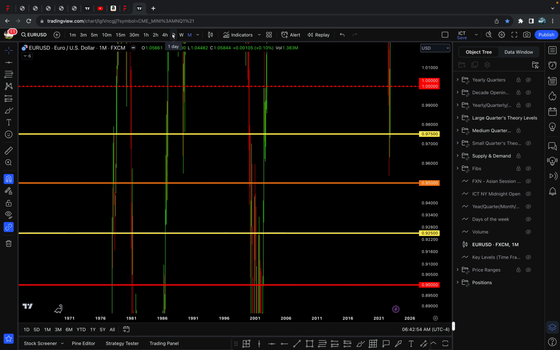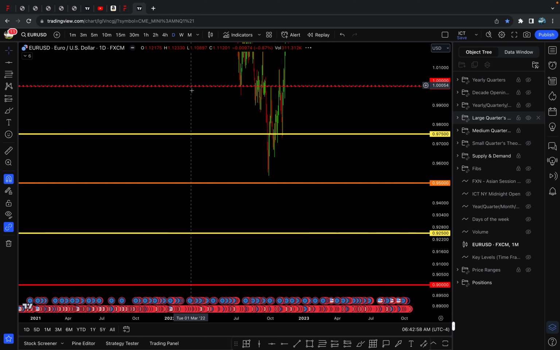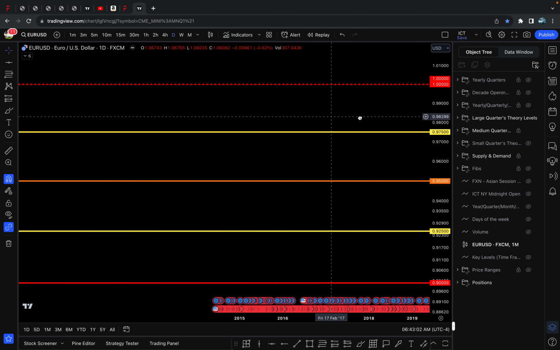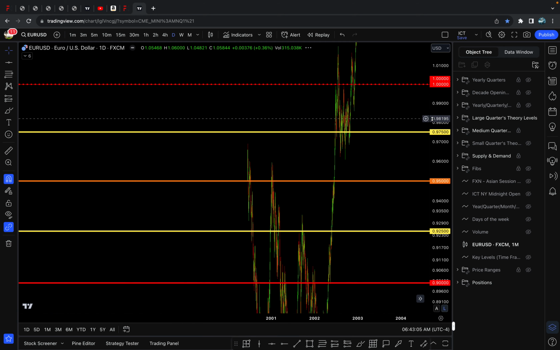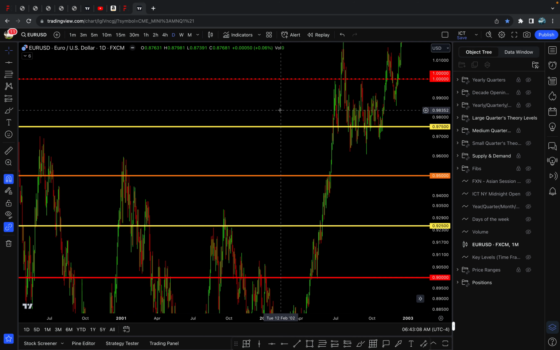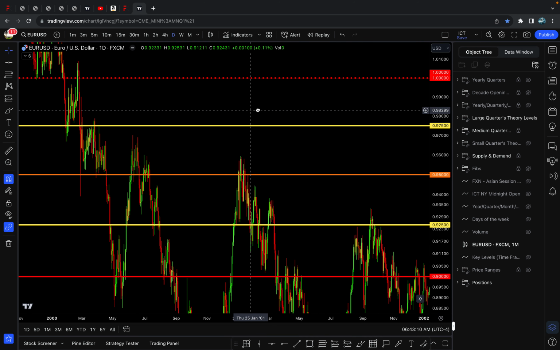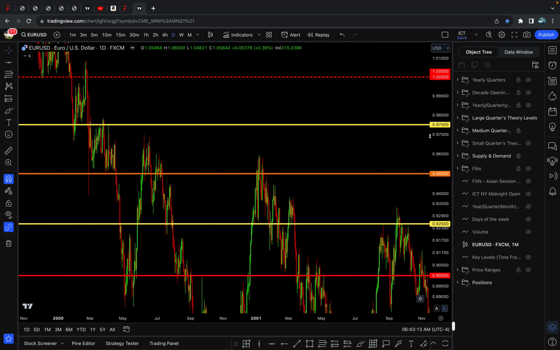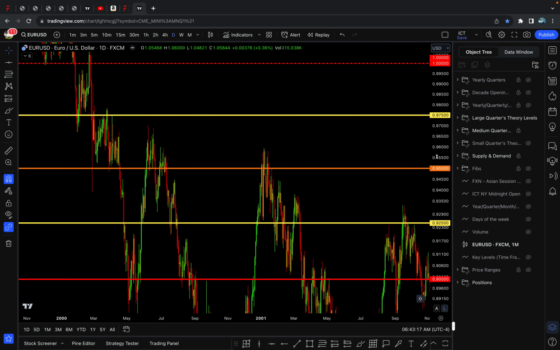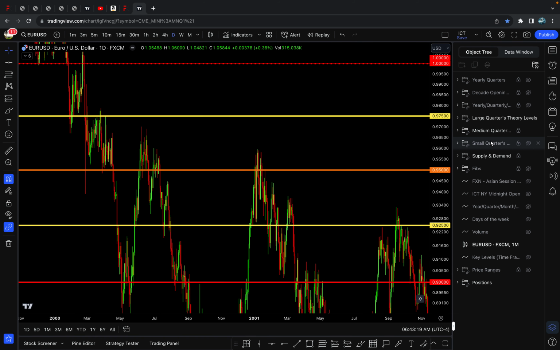If I was to back out and go to the daily, especially if I was to go back to one of these areas, you see how that would look a little bit better as far as the reactions. Yeah, so you can kind of see that. So anyway, these smaller levels, you see, I can toggle.